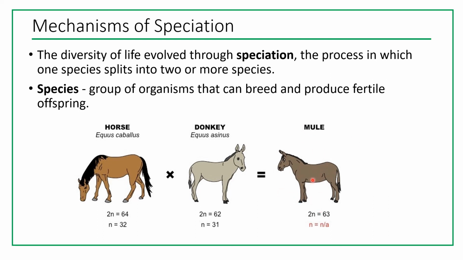A mule cannot breed with a donkey, a mule cannot breed with a horse, and a mule cannot breed with another mule. So if you want to get a mule, you again need to start with a horse and a donkey. So that tells us that horse and donkey are not the same species, right? However, they're really closely related. So species must not only breed, but also produce fertile offspring.